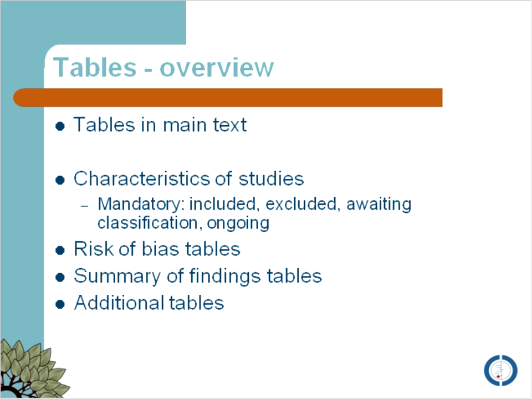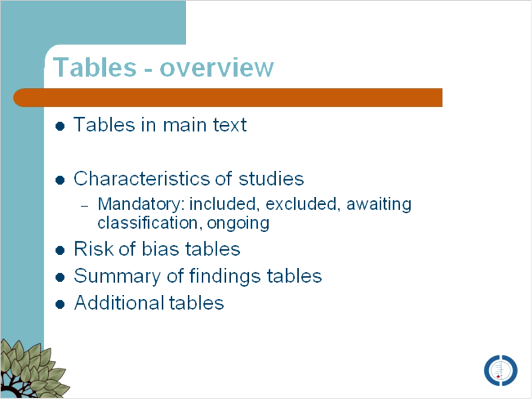Then information regarding underlying risk within the population, what your corresponding risk is, treatment effect, number of participants in studies, what the quality of the evidence is according to the GRADE evaluation, and then a comments field. Okay, so that's how you add your Summary of Findings table.